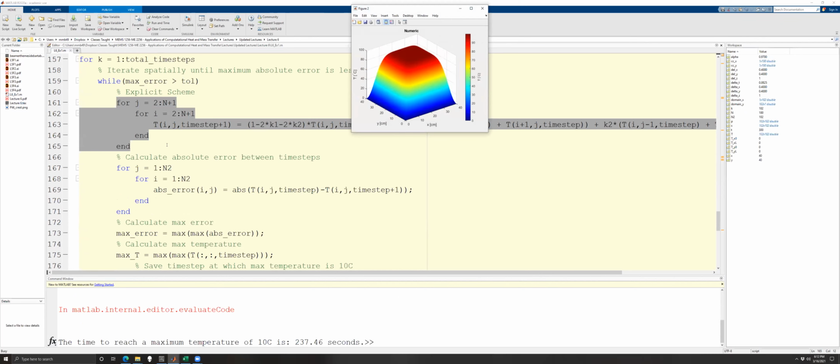And you can see if you run this, probably one of the more beautiful surface plots I have seen in my life. We can see our temperature evolving as a function of time, and we see a very symmetric behavior about our midplane, both in our x and y directions, which is what we expect. It's a symmetric problem.